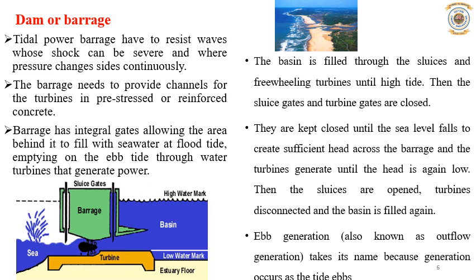The next important part is the sluice ways or sluice gates. These are used to fill the basin during high tide, or to empty the basin during low tide, depending on the requirement.